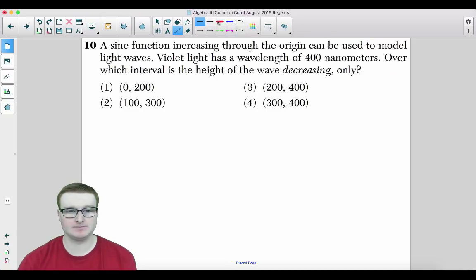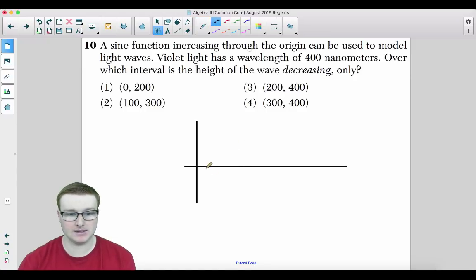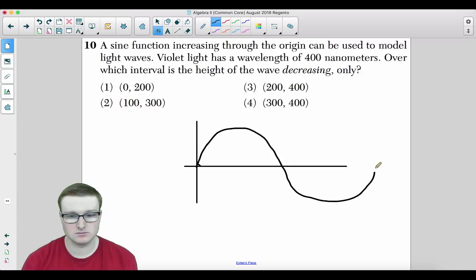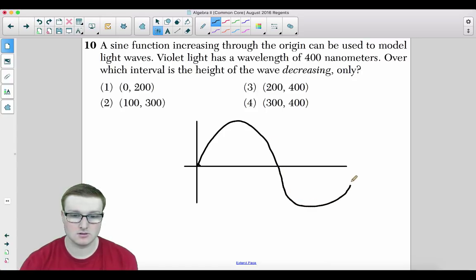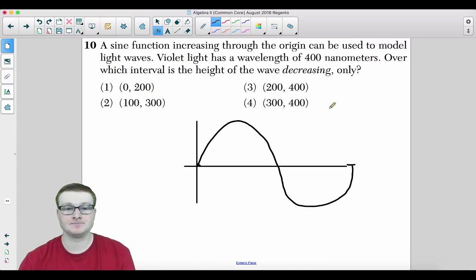So what you're doing here is you're just going to draw a quick sketch of a sine graph. I'm going to draw it to the best of my ability. Hopefully I do it well. Honestly, not too bad. Could be a little bit better, though. Nah, that'll do. Okay.